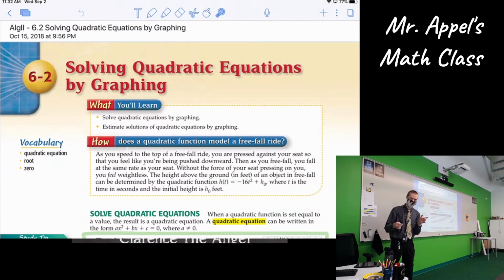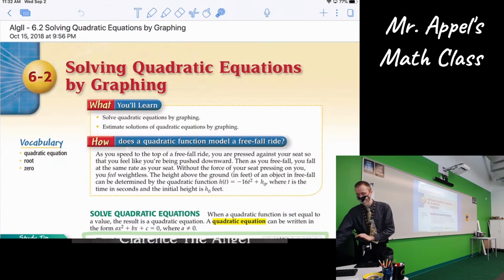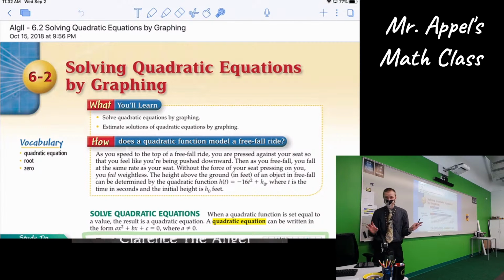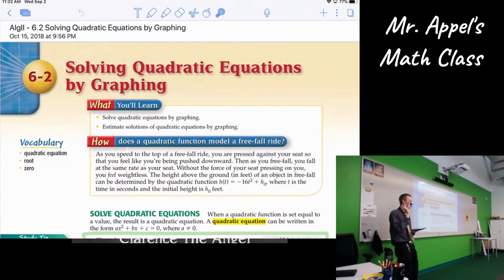And as I mentioned, our method yesterday of graphing by hand was quick, simple, not super accurate. So if you were to try to solve something with that graph, you're not going to be accurate at all. But let's assume you did have a better graph.